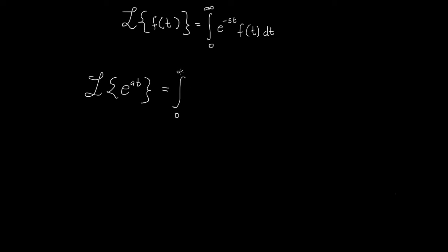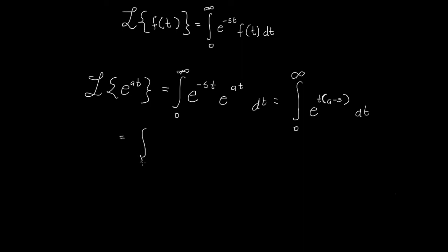So just writing it out, with the definition of the Laplace transform, I get the integral of e to the negative st times e to the at dt. And by using the laws of exponents, this is going to be equal to the integral of e to the power t times (a minus s) dt.